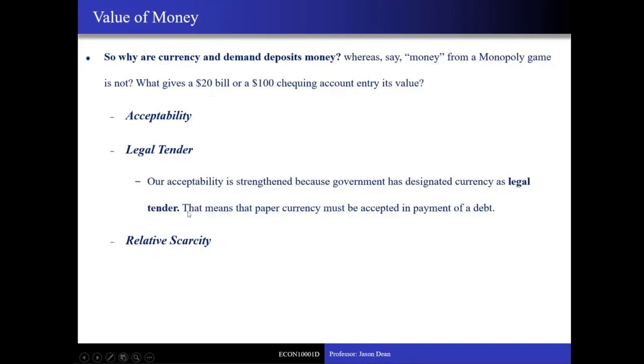Our currency isn't backed by any precious metals. That was gone a long time ago. The main thing is that we generally accept it, and again, legal tender helps strengthen that to a certain extent. But if we had a government that we didn't trust, or we were worried about what sort of financial policies they're going to make, we may not actually want our own money.